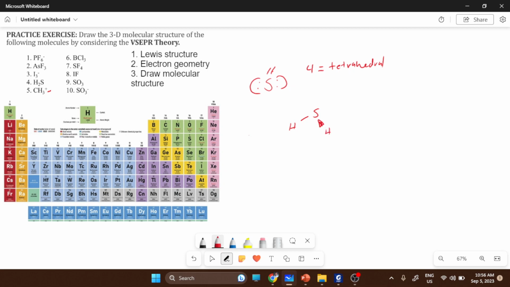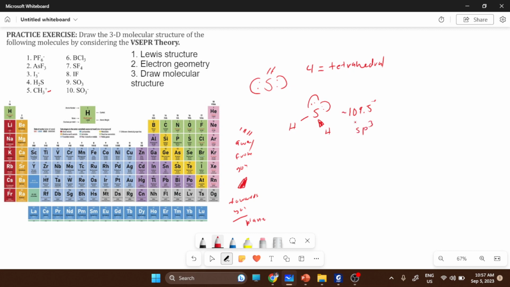Remember ha, the dash wedge is away from you, and the solid wedge is towards you based on the previous lecture video. And kapag dash, it is on the plane. So, okay, let's go back here. Then when asked for the bond angle is 109.5 degrees approximately.